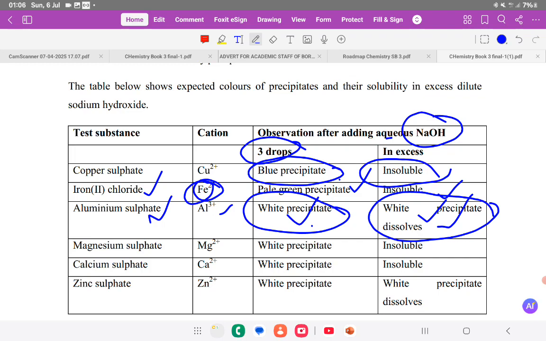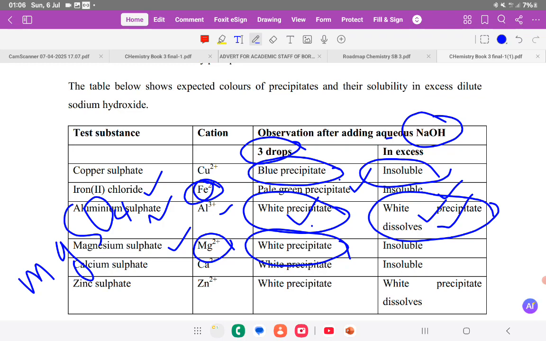All right, if a solution contains magnesium ions, for example magnesium sulfate, MgSO4, upon adding sodium hydroxide, you will have a white precipitate.